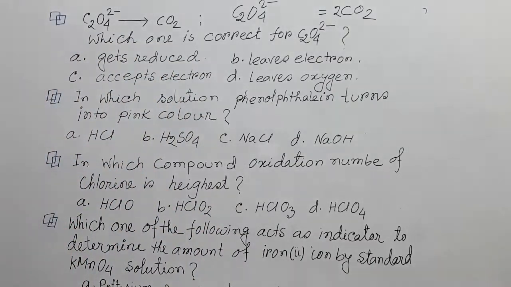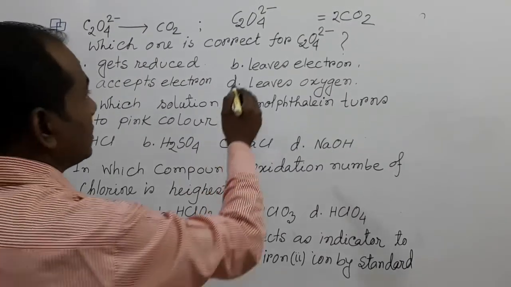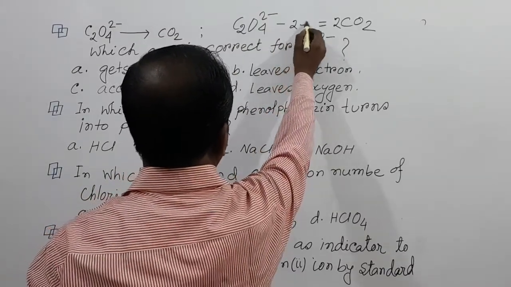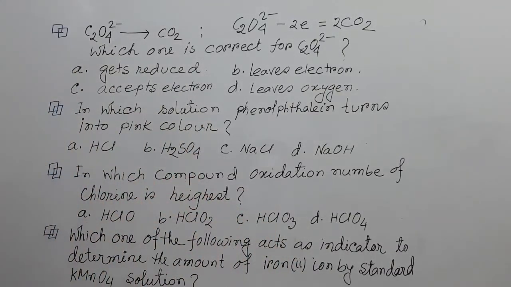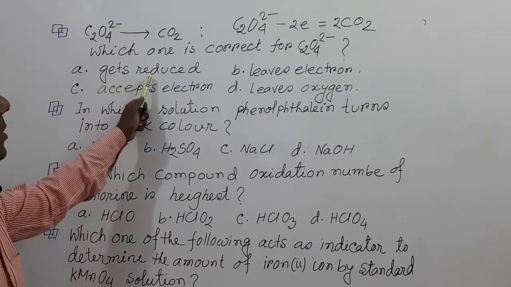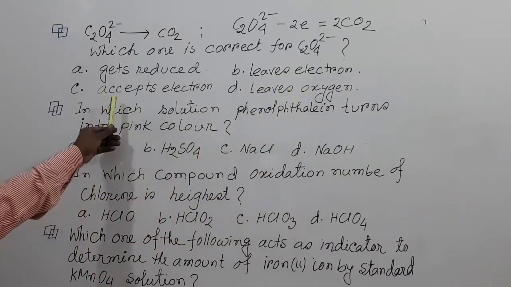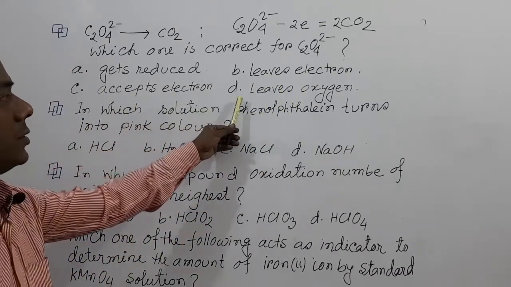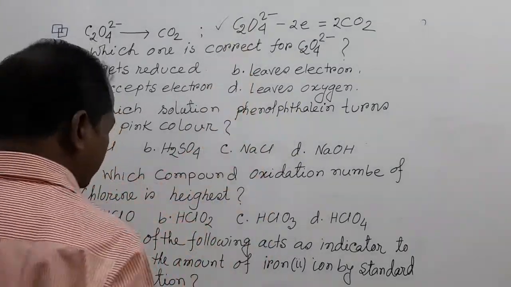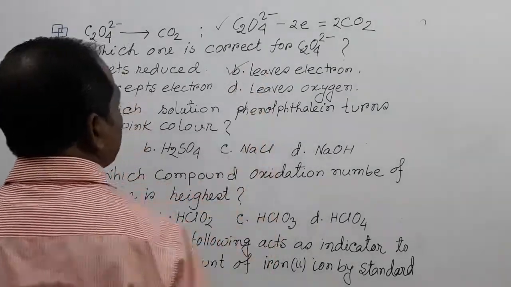In this reaction, the oxalate ion donates 2 electrons. The options are: gets reduced, option B leaves electron, option C accepts electron, and option D leaves oxygen. So according to this reaction, the correct answer is leaves electron.